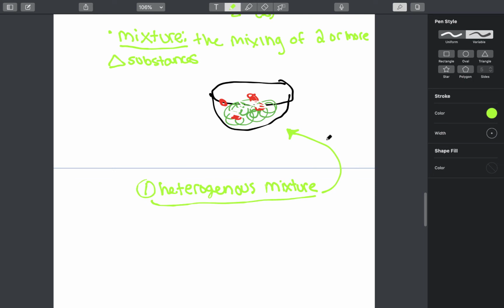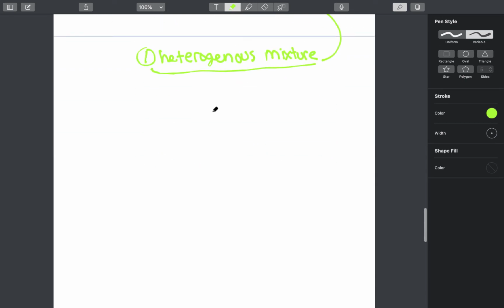Because a heterogeneous mixture is a mixture in which the substances usually don't mix well together. They can be in different phases. The composition is not the same throughout the mixture. Oil and water mixed together is also a heterogeneous mixture.